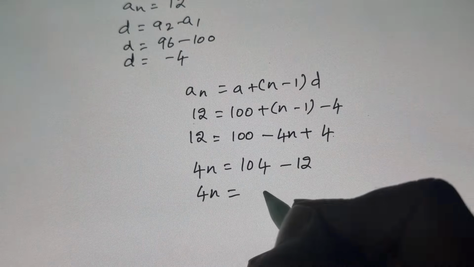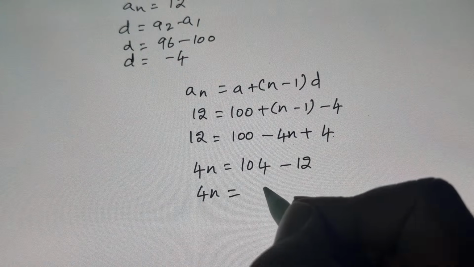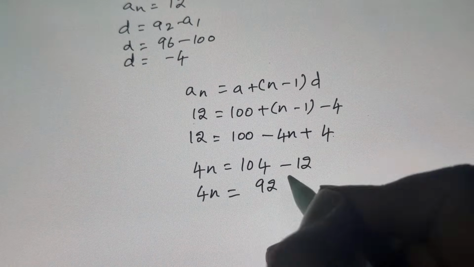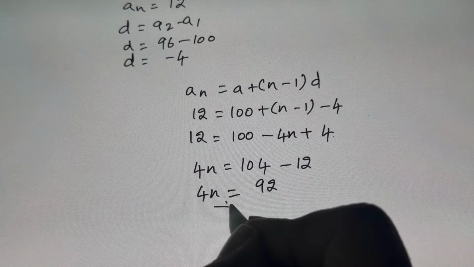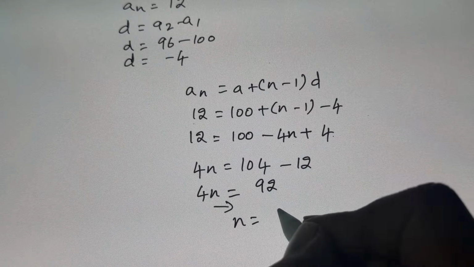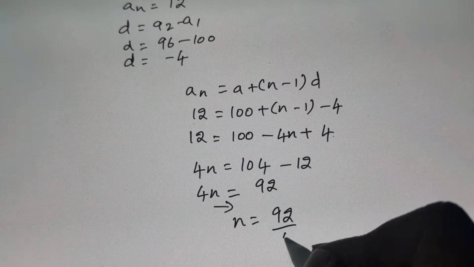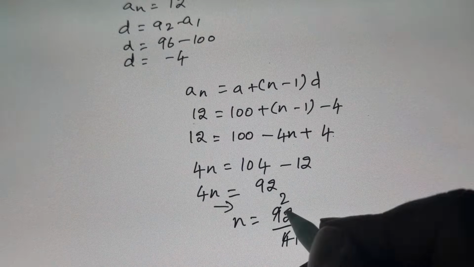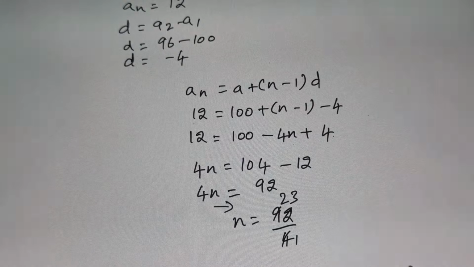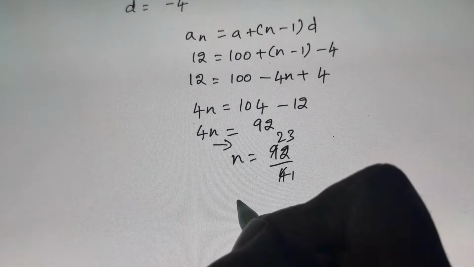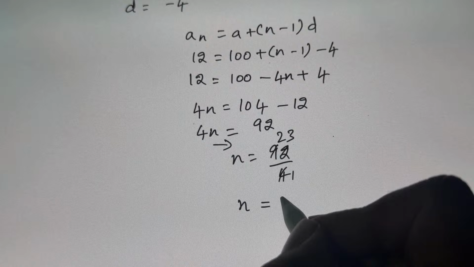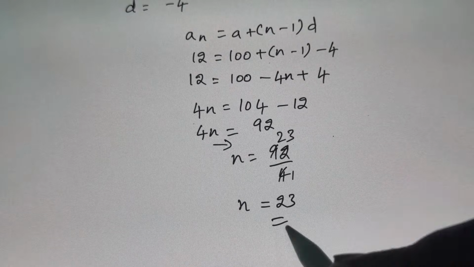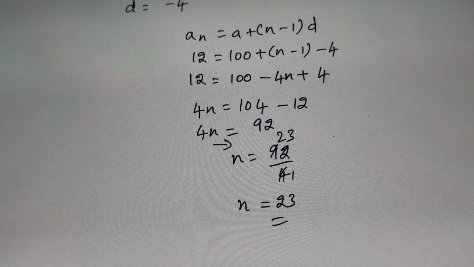So 4n equals 104 minus 12 is 92. Now cross multiply, n equals 92 by 4. 4 ones are 4, 4 twos are 8, 1 carry, 4 threes are 12. So the number of terms n equals 23. This is the final answer.